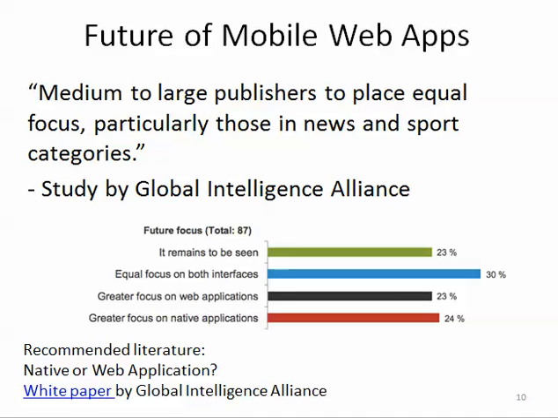One way is to think about the future. What will be the future of mobile web apps? There's an interesting study by Global Intelligence Alliance that basically says that so far we don't have enough information to decide which way to go because, like we said, it has advantages and disadvantages. And you see from these results that the expectations seem kind of equal.